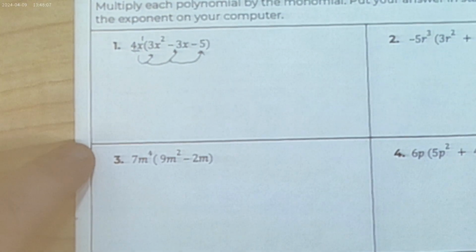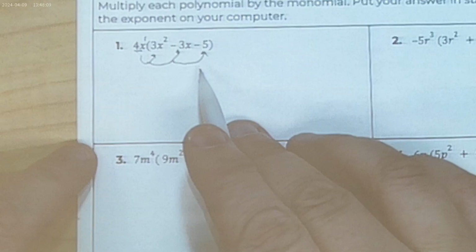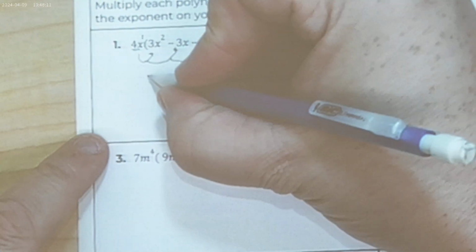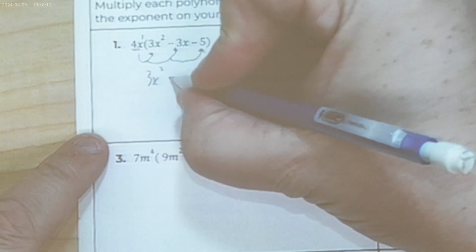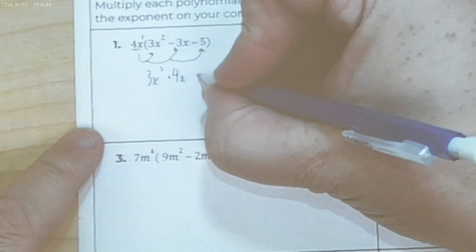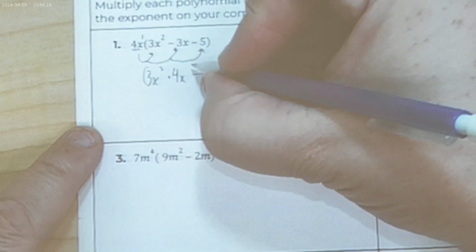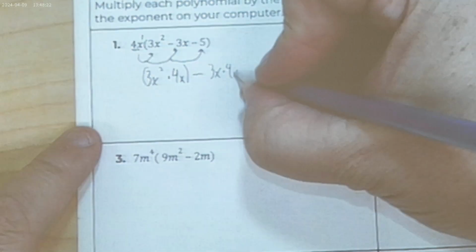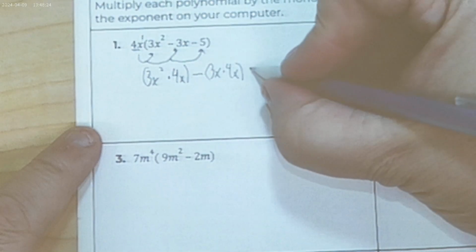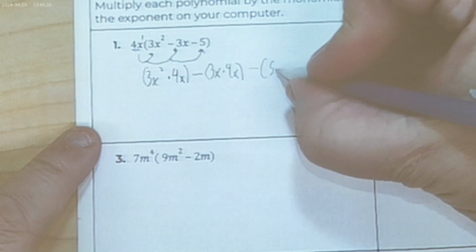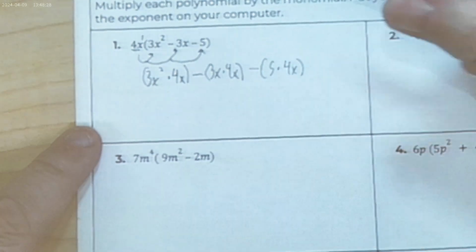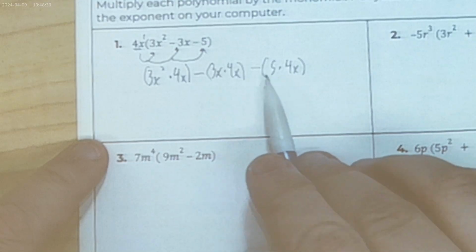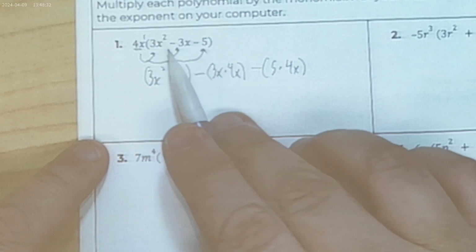And so if it's written like this, you're basically going to write out 3x squared times 4x, minus 3x times 4x, minus 5 times 4x. Now the minus comes because that's what this operation is here.